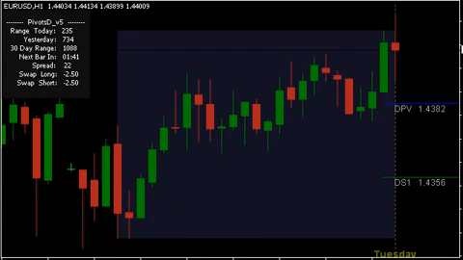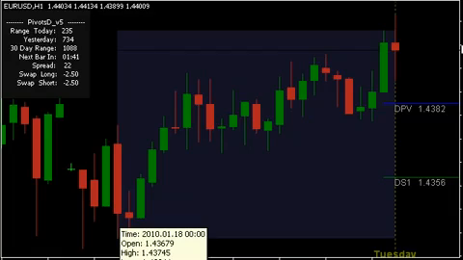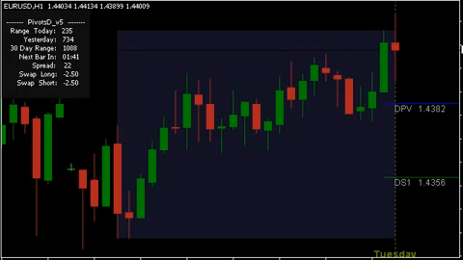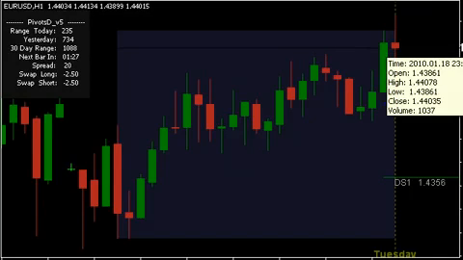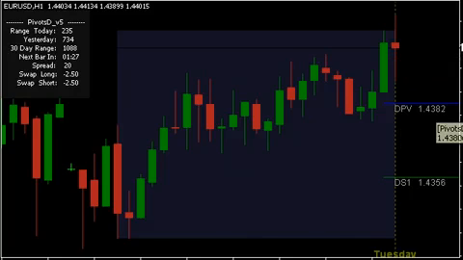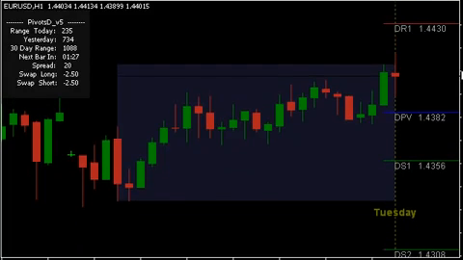That's 22, there's 23, there's the 00. So there's the start of the day. So this low here and this high up here and the close of the day, which would have been here, is what's been used to calculate this pivot. And then we've got the resistance 1 and S1 calculated as well.